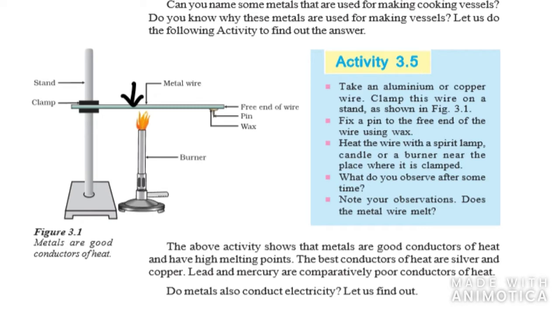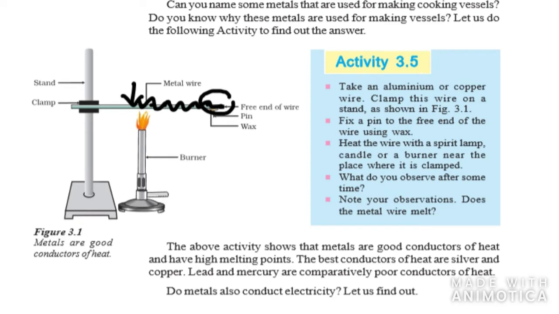This metal wire gets heated up and the heat transfers along it, and this portion will also get heated. This shows that they are good conductors of heat. They can conduct heat very easily, and this pin will fall down because the wax will melt.